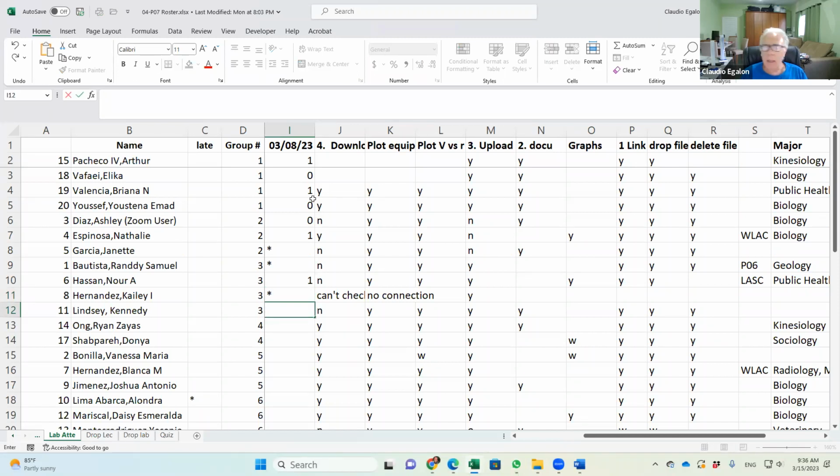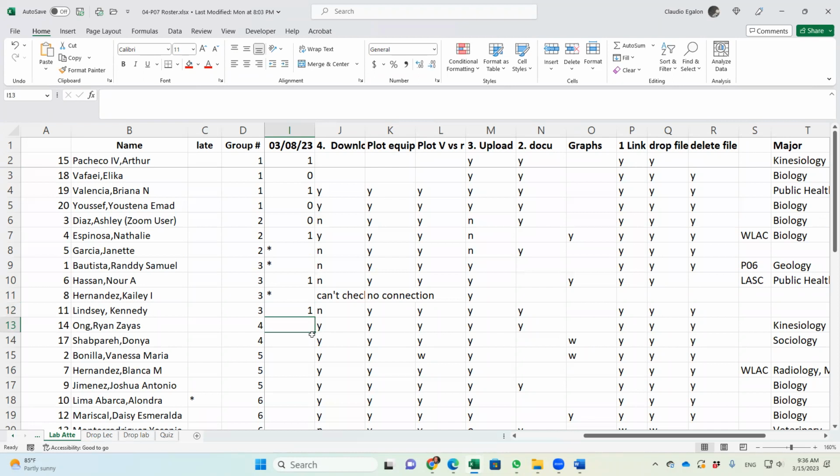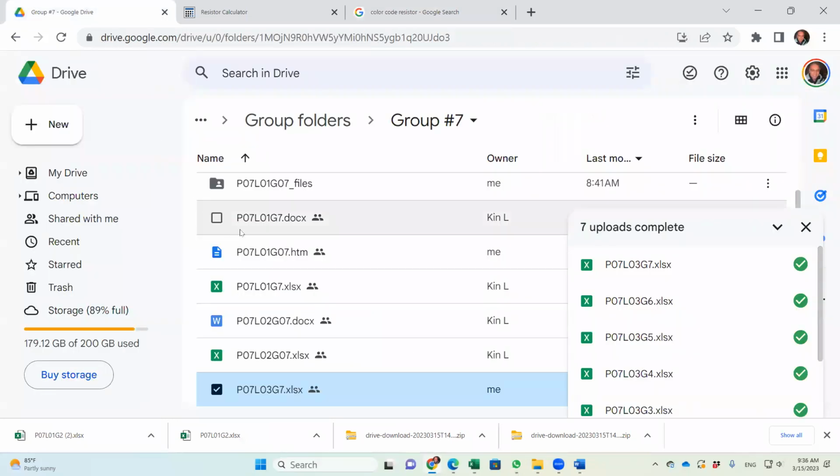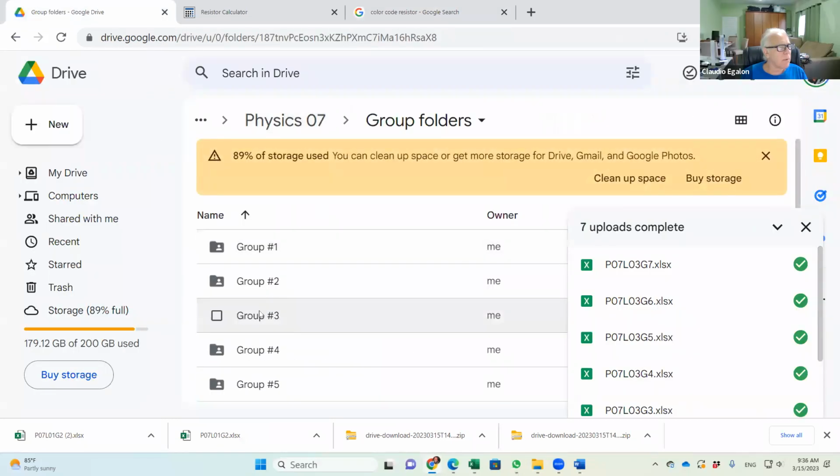And next is going to be Kennedy. Hello, Professor. Thank you. Also, when you uploaded stuff to the Google Drives, my group didn't get the upload, and it also looks like some of our separate files were deleted, like our final for lab 2, our submission. Group number 3.